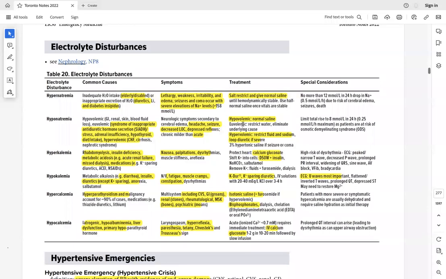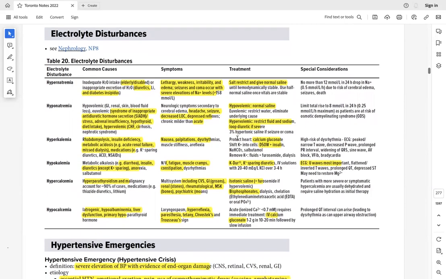If there is any hypovolemic cause, start the patient on normal saline. If there is any hypervolemic cause, then restrict the fluid and sodium and start loop diuretics if severe. Hypervolemic means increased water in the body, so just restrict the fluid and give the patient loop diuretics.